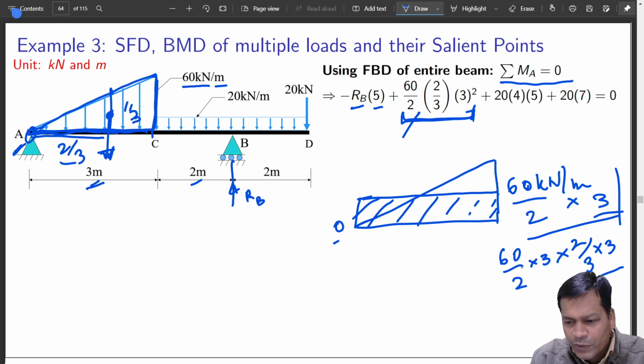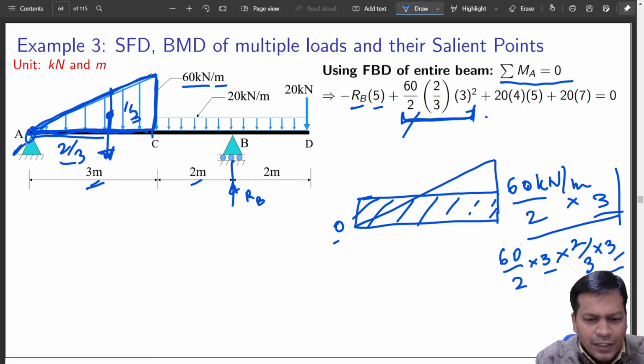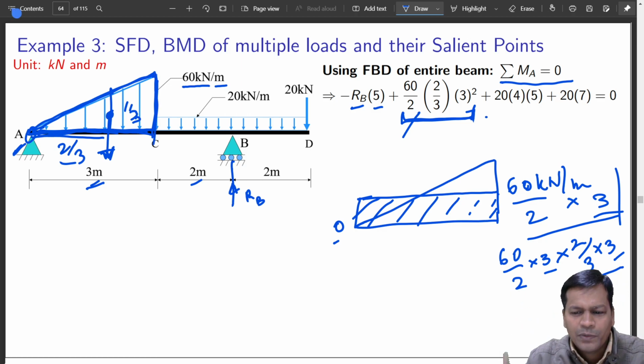So overall what you get is 60 by 2 into 2 by 3 into 3 square. So that is how you got it. So hope this is quite clear. I won't be explaining this every time I see uniformly varying load. This is the first occurrence and I have explained it. I hope you have got it well. If not, you can come back to this slide and revise it.